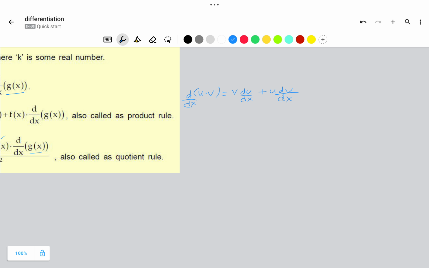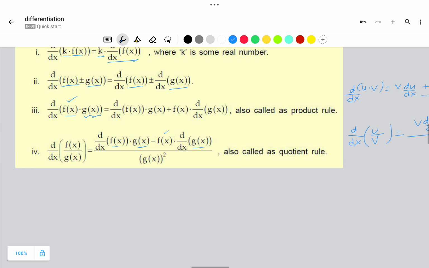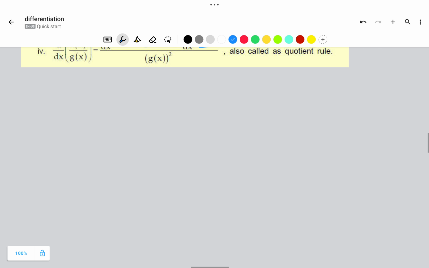So the derivative with respect to x of u by v is, first, the denominator square, then v times the derivative of u with respect to x, minus u times the derivative of v with respect to x. This is our u by v rule. This rule is very important as many questions come from it.